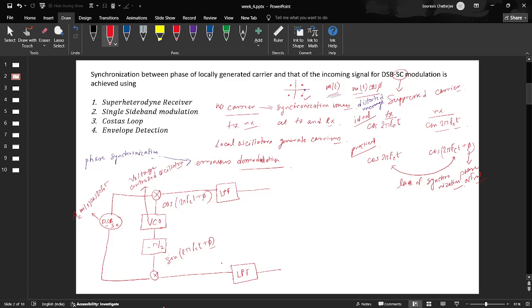So let me write it down here: recover the baseband part. So let us just see what we are going to get in this LPF. Our signal is Ac m(t) cos(2πfct), and I am multiplying it with cos(2πfct + φ).